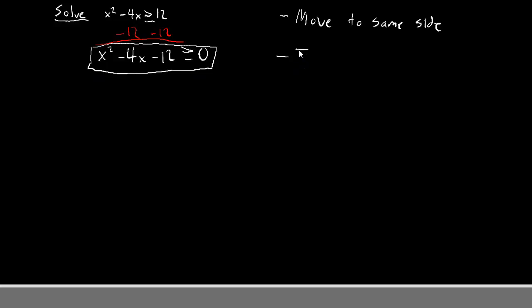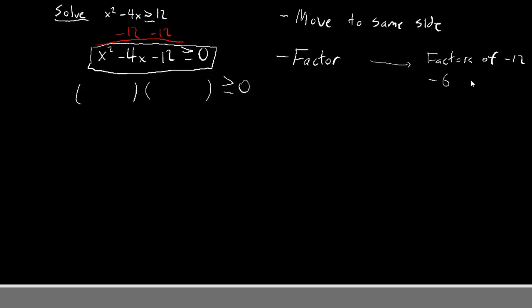Once we have everything on the same side, our next step is generally going to be to factor it. So we have to write our parentheses and say that it's greater than or equal to 0. And again, we think of factors of negative 12. Well, if you've watched episode 12, you know this answer already, but let's think this through.